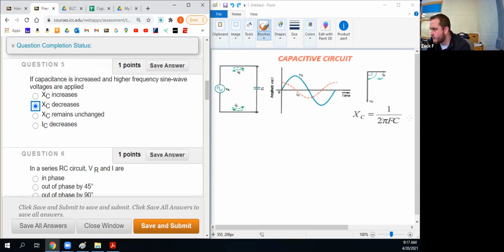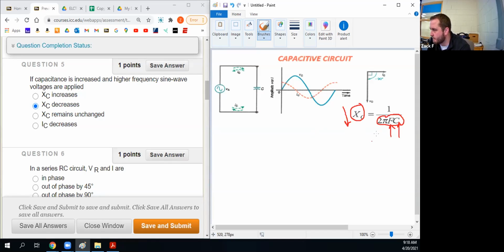If we increase capacitance and frequency, what happens to capacitive reactance? It must go down because capacitive reactance, X sub C, is inversely proportional to all this stuff. That's why it's 1 over all that stuff.